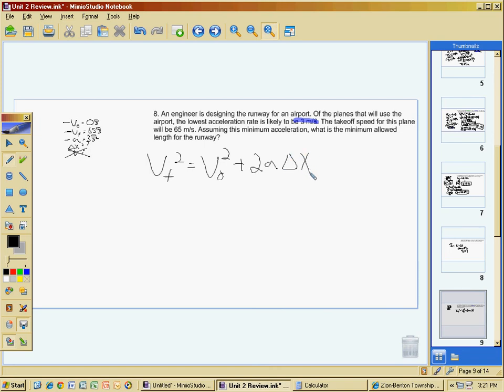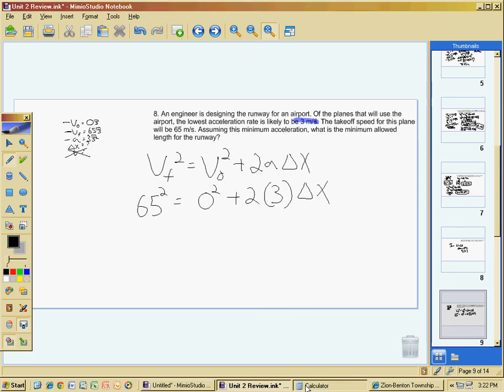And it's that one right there. We know that V final has to be 65, and that's squared. We know that V naught has to be 0, which squared is still 0. Board's lagging a little bit. Okay. Acceleration, they say, is 3, and we are looking for delta x.